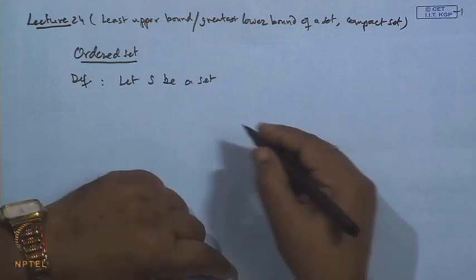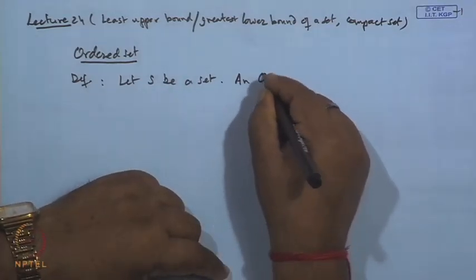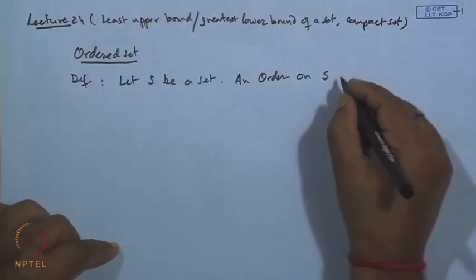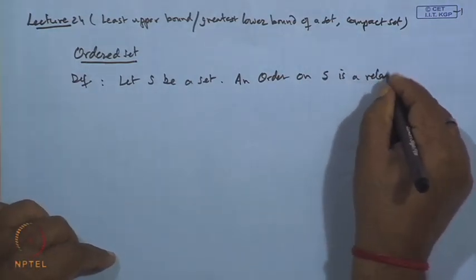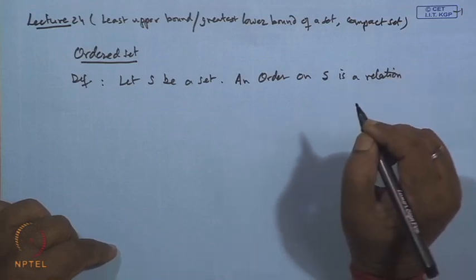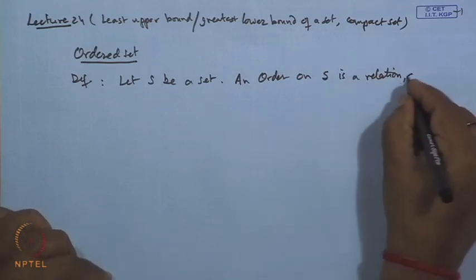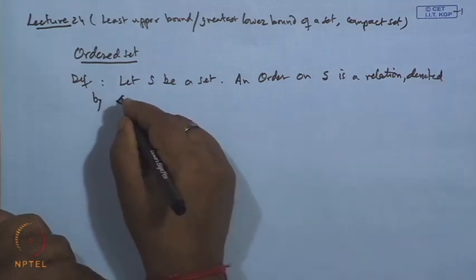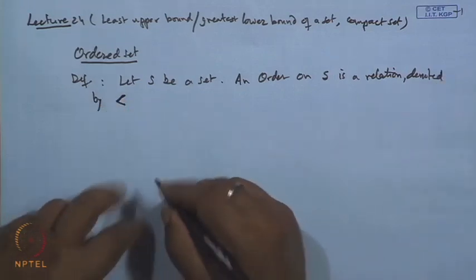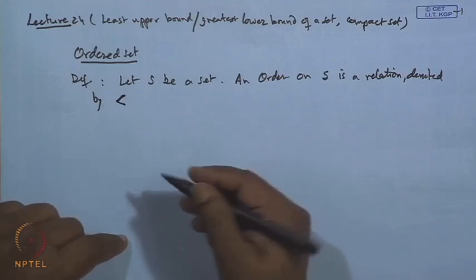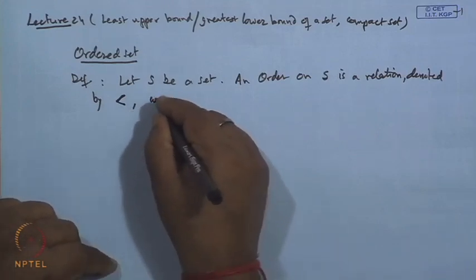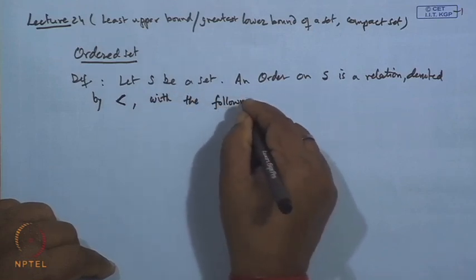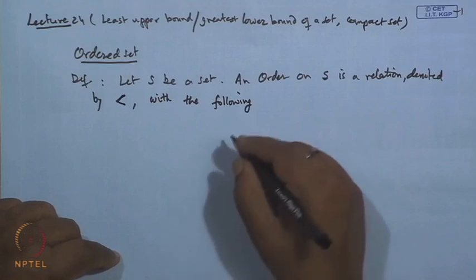An order on S is a relation denoted by a sign, which later on we will call the less than sign or smaller sign, with the following two properties.